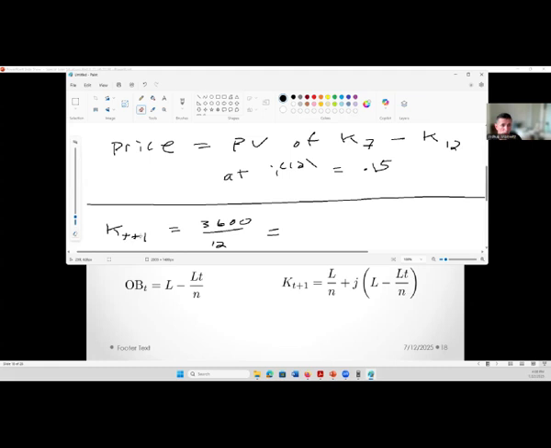So in the original loan, we have 12 plus, so maybe I should get J first.